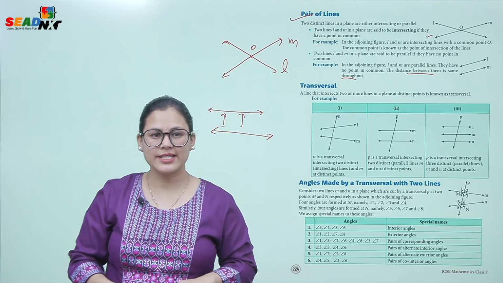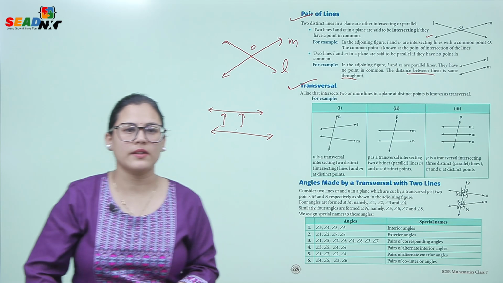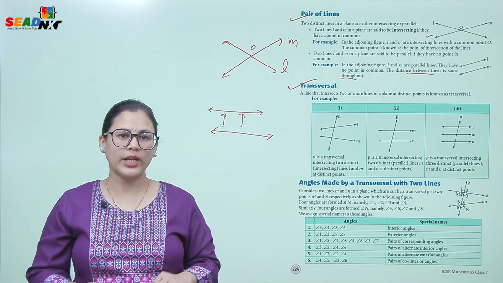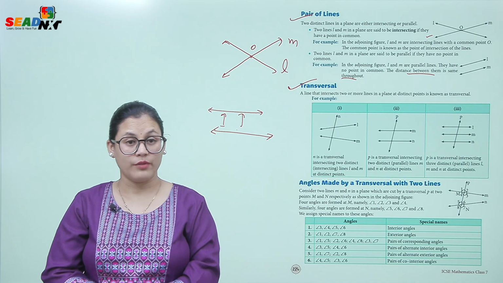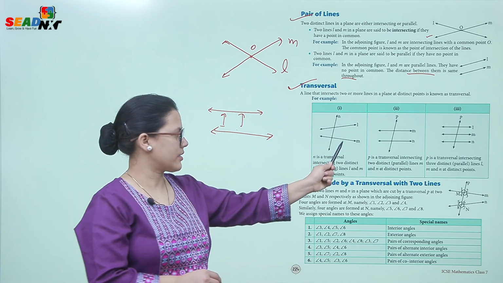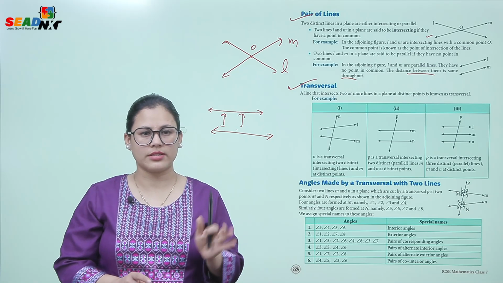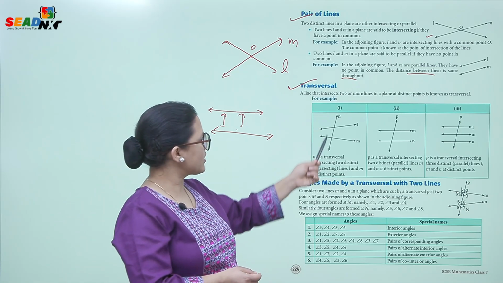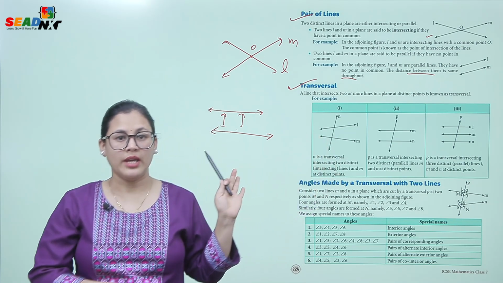Next is transversal. A line that intersects two or more lines in a plane at distinct points is known as transversal. For example, here N is a transversal, intersecting two distinct lines L and M at distinct points. So this is a transversal because it is intersecting two lines at different points.